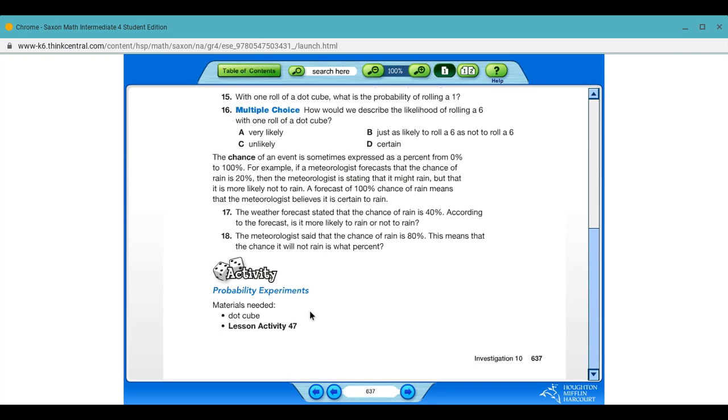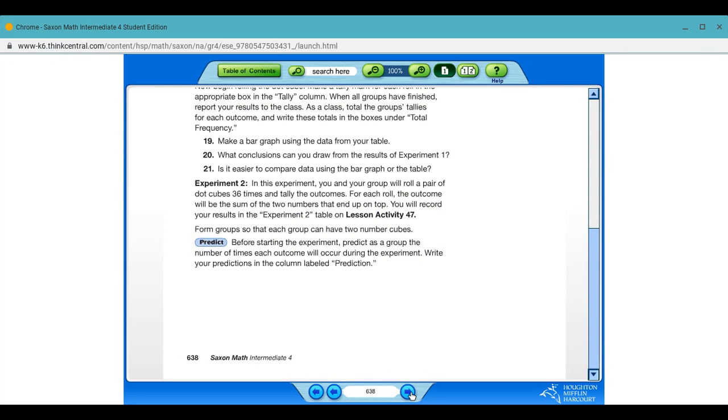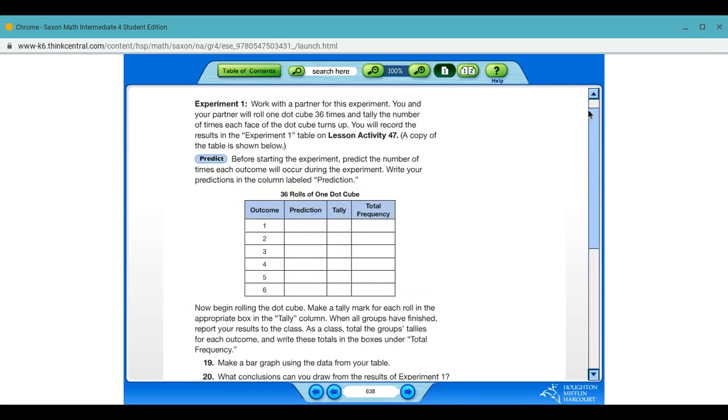Okay. So what you'll need for the next part is a dot cube, which is a dice, and your lesson activity 47, which should be in your book. Let me show you what that looks like.